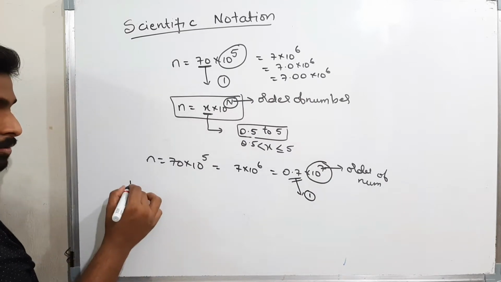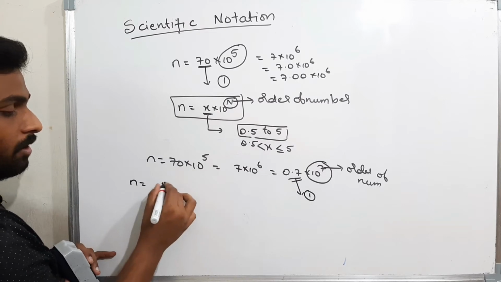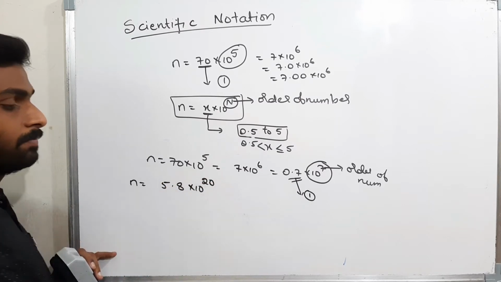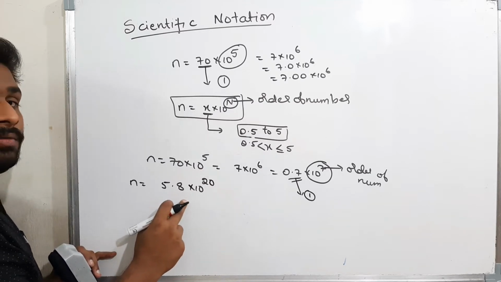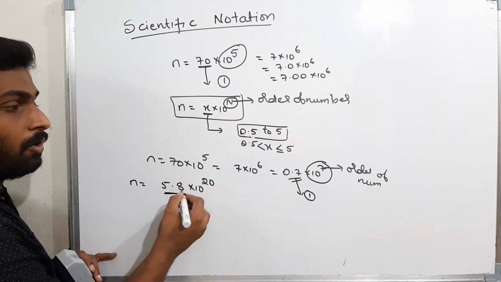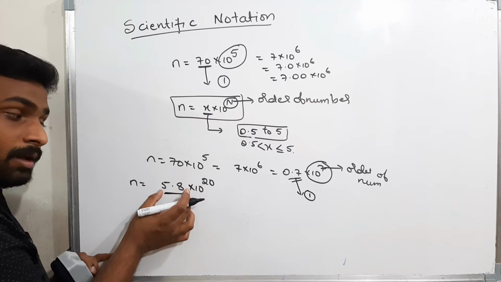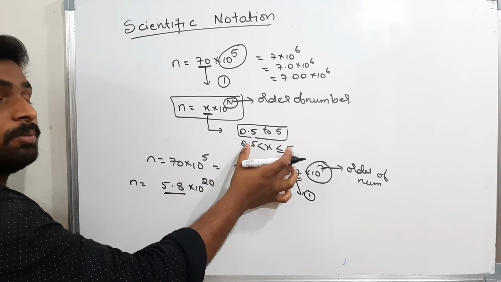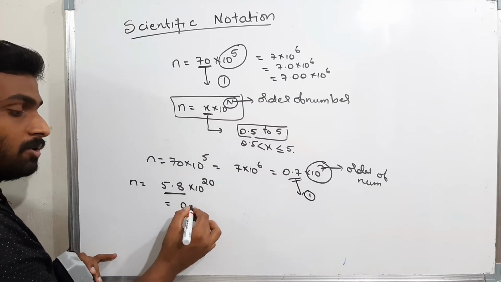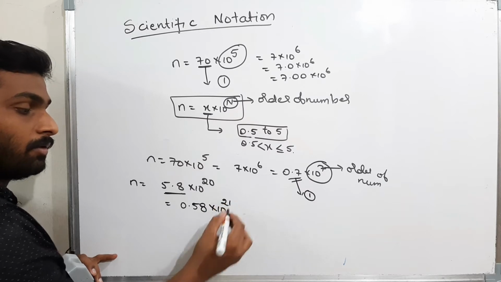Now we'll take one more example: 5.8 into 10 power 20. Now they told to find the order of this number. See what I have to do. This 5.8 is greater than 5. I should have this value lying between 5 and 0.5. Therefore I have to convert it, so I am writing 0.58 into 10 power 21.